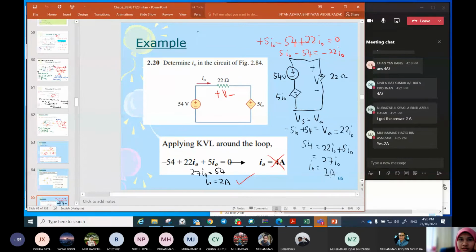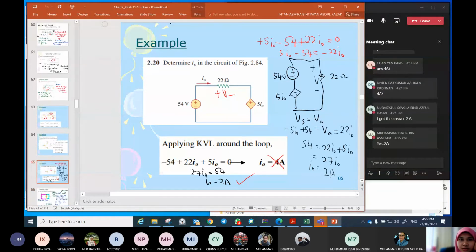Okay, let's consider this basic circuit. Let's say we have 2 volt here, and then we have a resistor of 3 ohm. So current flows like this. Of course, this is the positive and negative of the voltage drop. So let's write the equation.